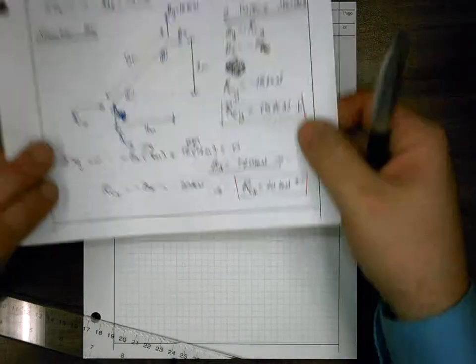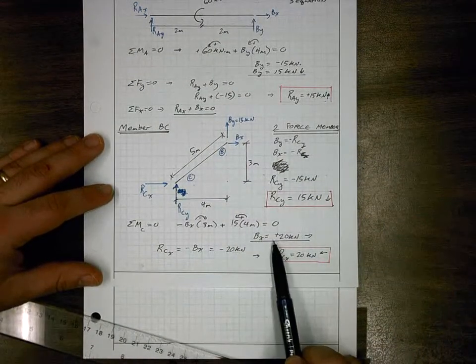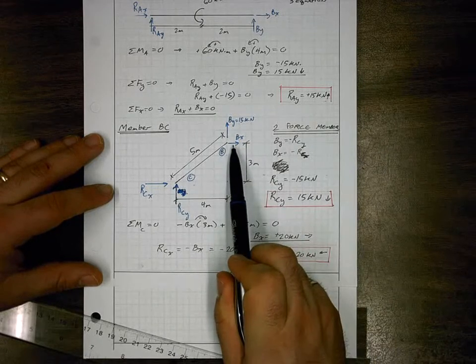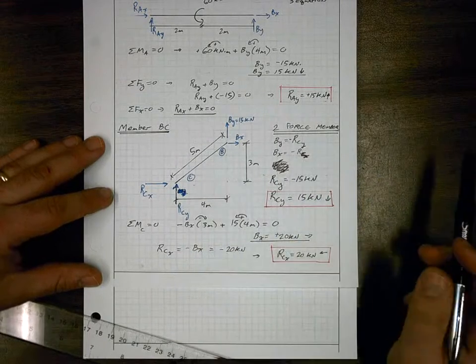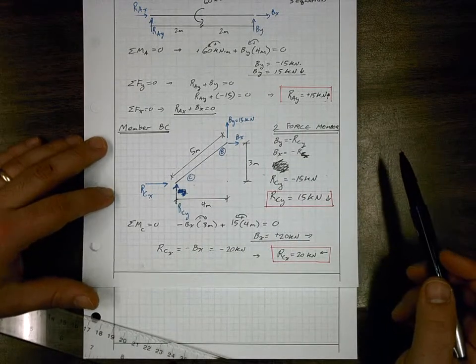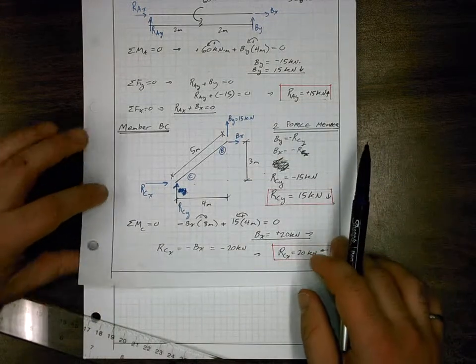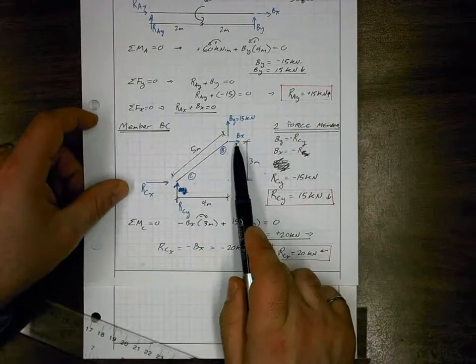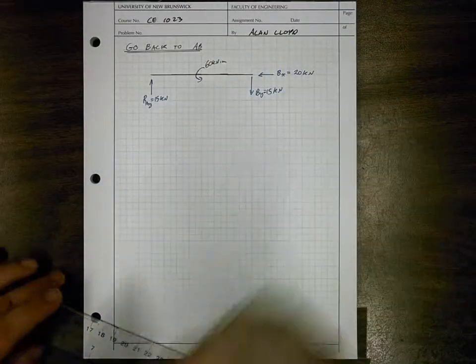We'll see with this other member here, we solved for BX, and we found that BX was acting to the right on member BC. That means that member AB is pushing on member BC to the right. The equal and opposite effect of that would have member BC pushing to the left on member AB at joint B. So BX, equal and opposite to this, is acting to the left of 20 kilonewtons.